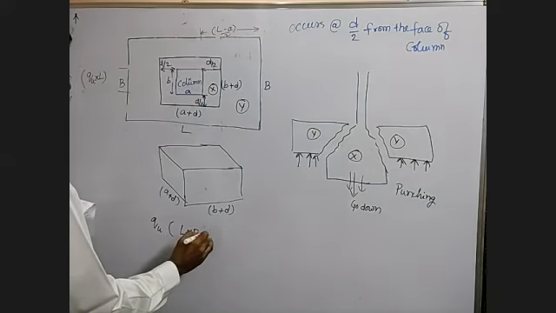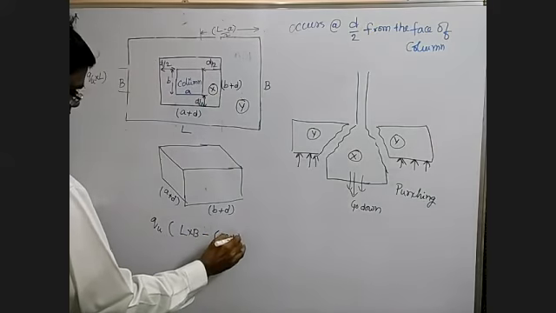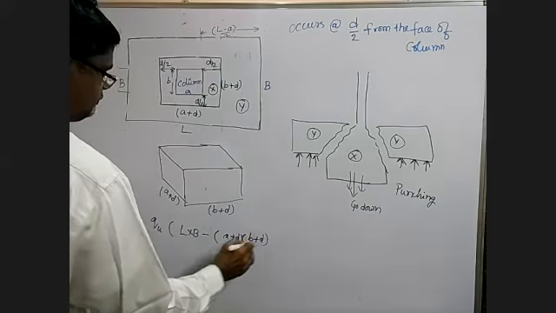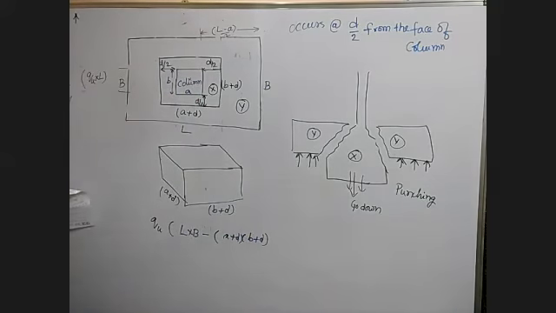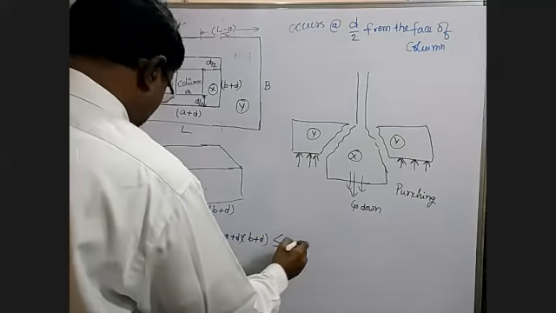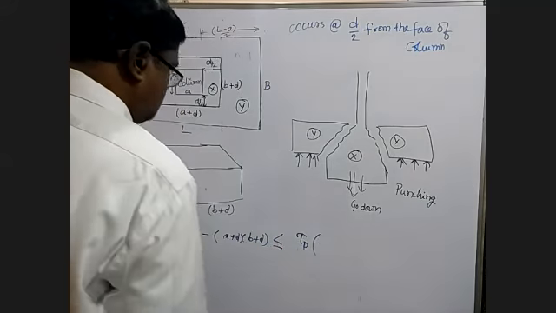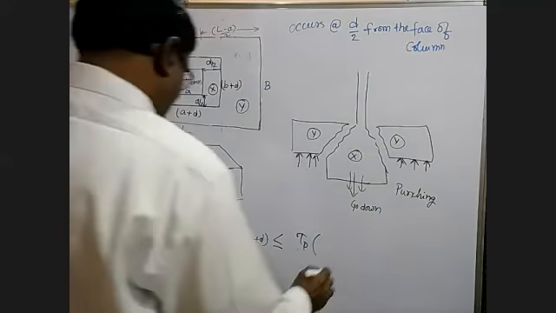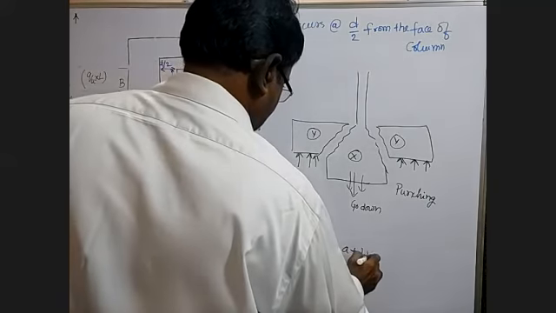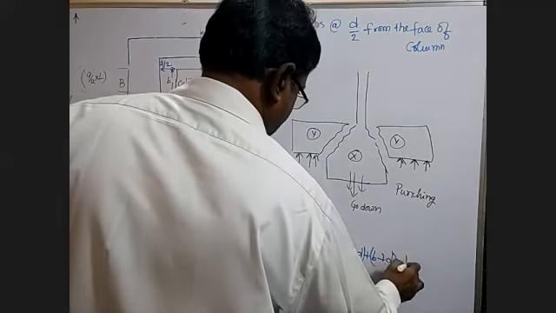So minus a plus d into b plus d. We subtract this part from the total area. This should be less than or equal to tau p into 2 into a plus d plus b plus d into d. What is this?